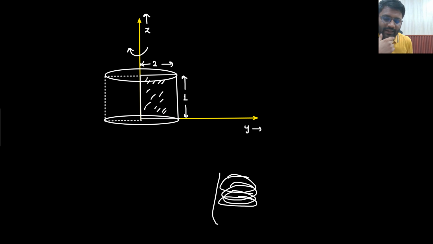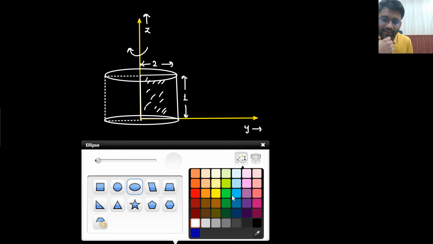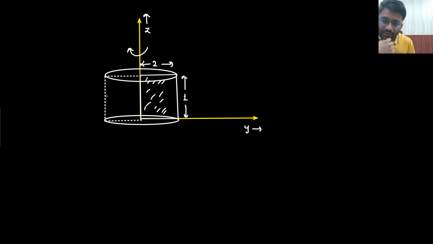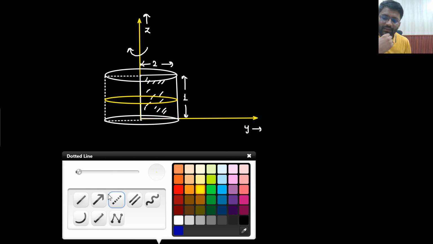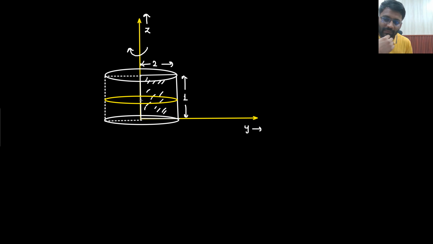So what I can do is that in between I can assume a circle. Do I know the surface area of this circle? Yes, sir. Here the radius is 2, so the surface area of this circle is pi r square, which will be 4 pi.